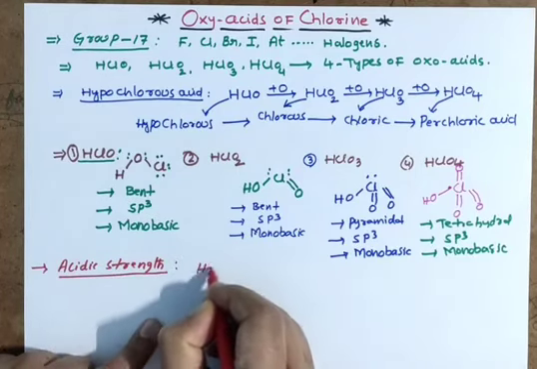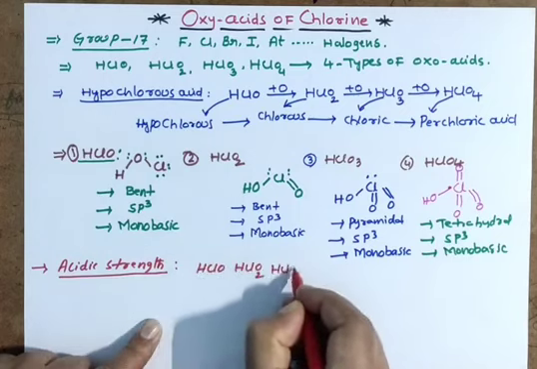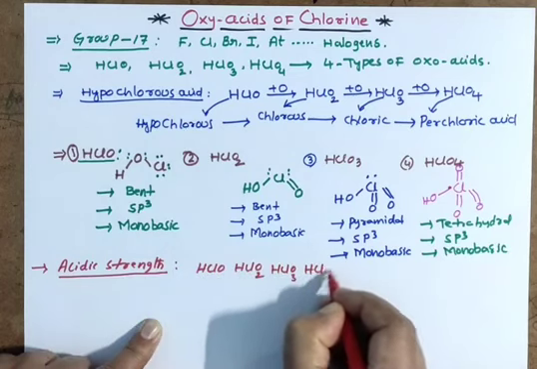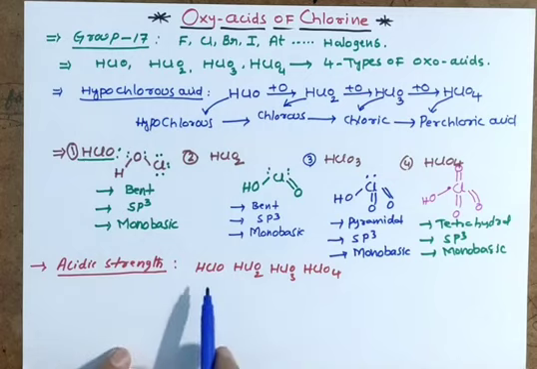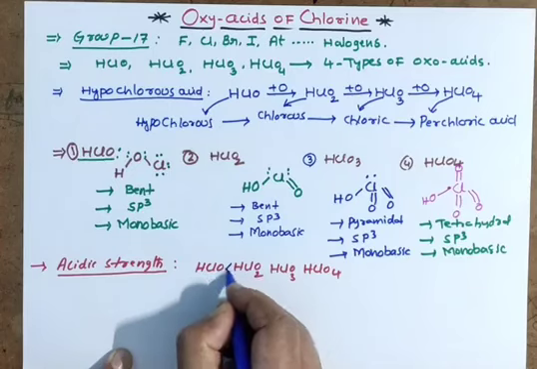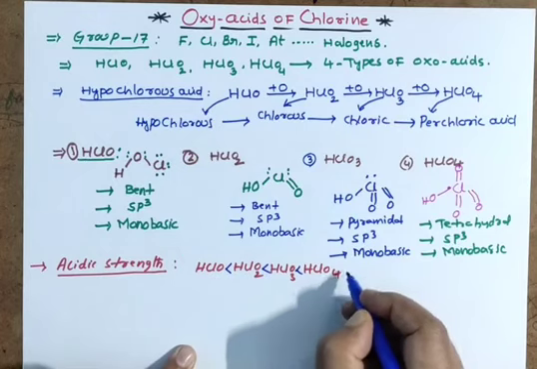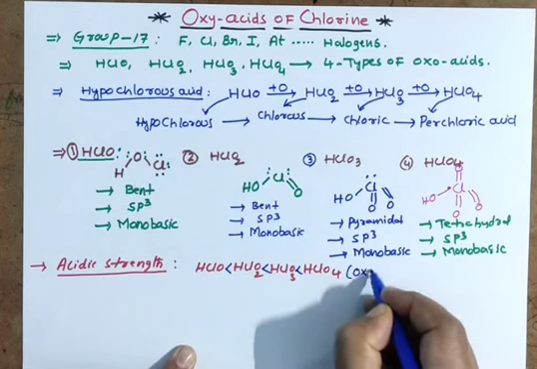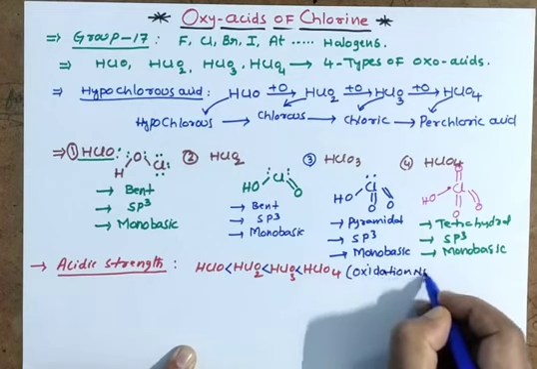Here we have HClO, HClO2, HClO3, HClO4: hypochlorous, chlorous, chloric, perchloric. When you move from HClO to HClO4, acidic strength increases. The reason for the increase in acidic strength is that the oxidation number is increasing.